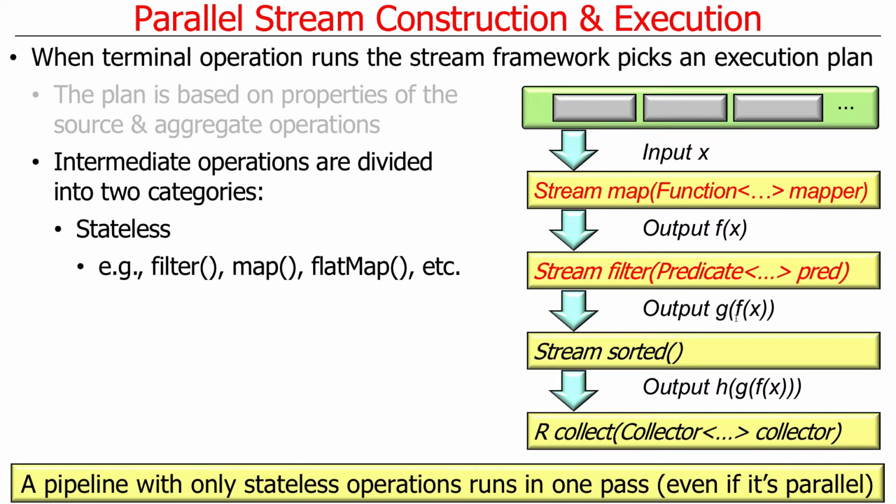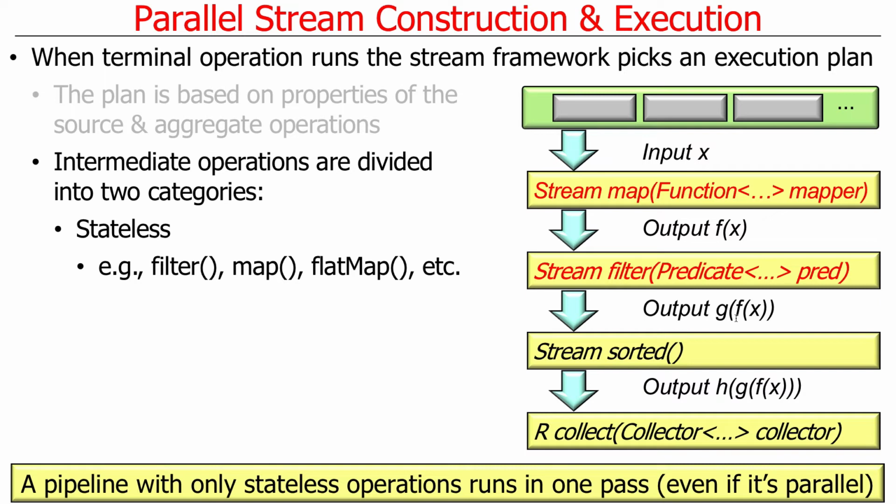And if you have a stream pipeline that only has stateless intermediate operations, then the whole pipeline can be processed in a single pass, even if you have parallel processing. Because all you'll do, remember how things work in a stream? Remember how the next element from the data source is pulled through all of the stages in the linked list, applying the operations from beginning to end.